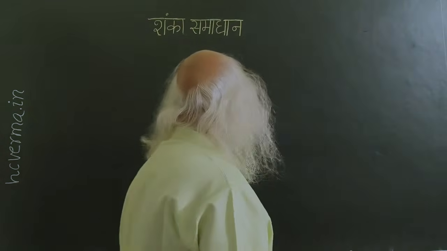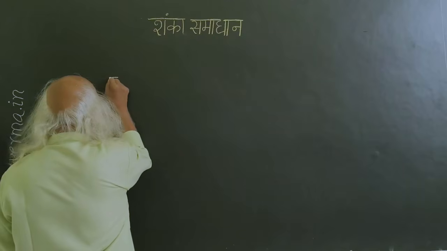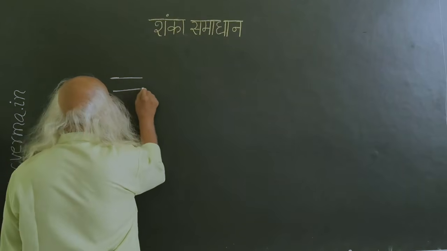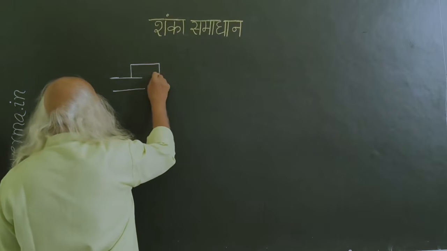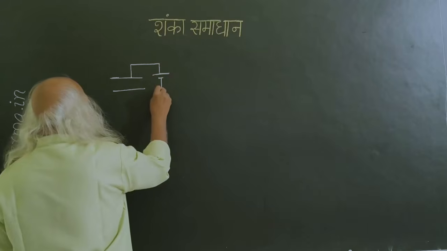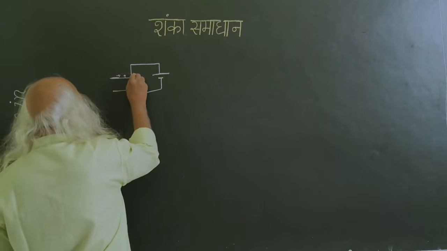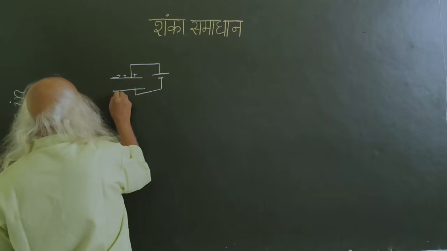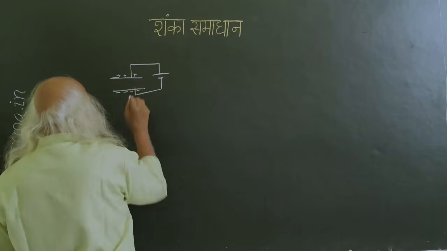So basically, suppose you just have one capacitor, and it is connected to a potential difference, a battery. Then we say that plus Q charge appears here and minus Q charge appears on the inner surface here.